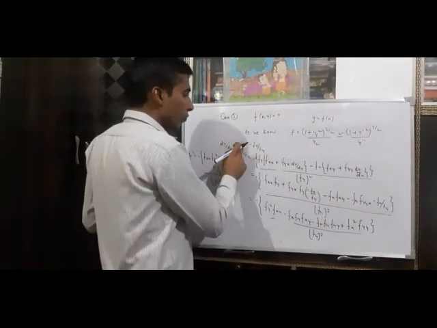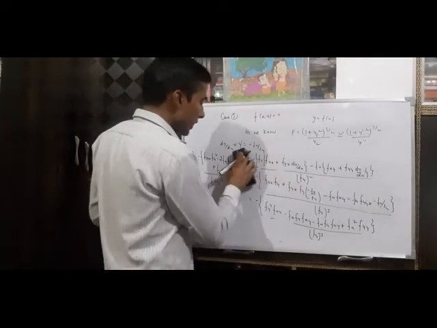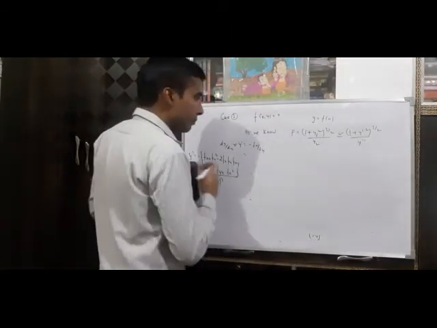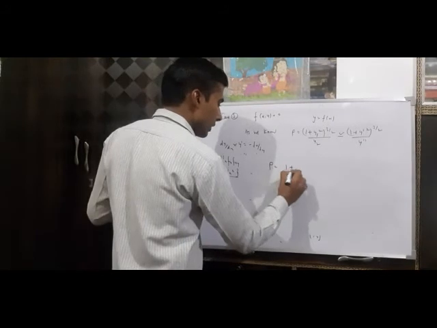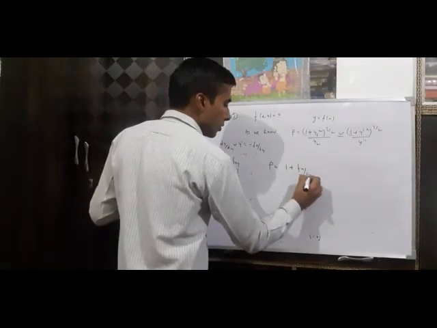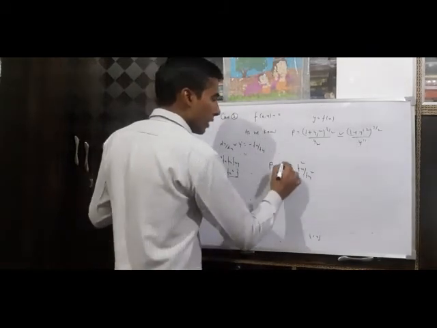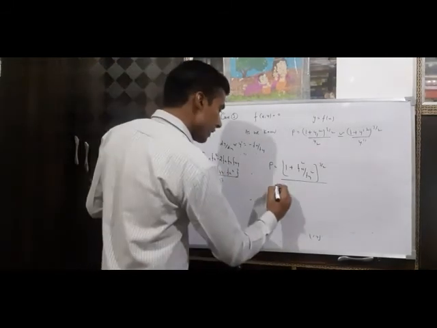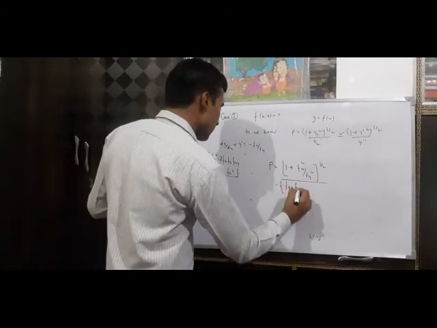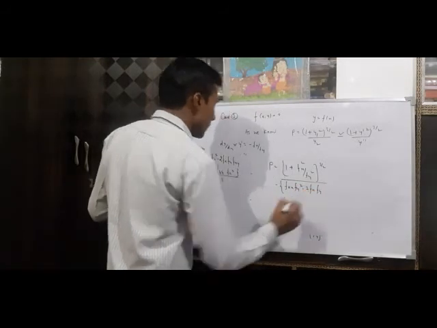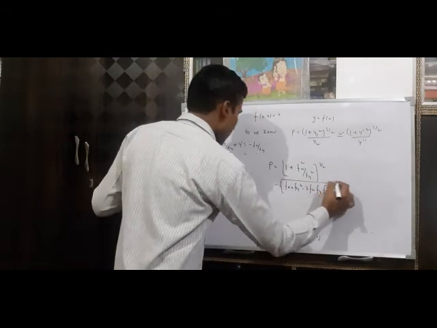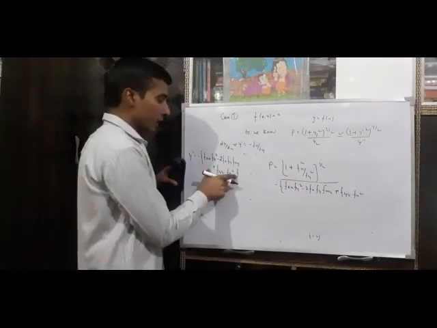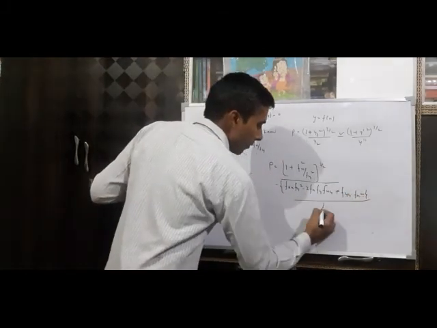When we put the values of y prime and y double prime in this expression, we get the radius of curvature as 1 plus y prime square, meaning f_x square upon f_y square, and whole power 3 by 2, and in the denominator y double prime, which is minus of f_xx f_y square minus 2 f_x f_y f_xy plus f_yy into f_x square, and whole thing is divided by f_y cube.